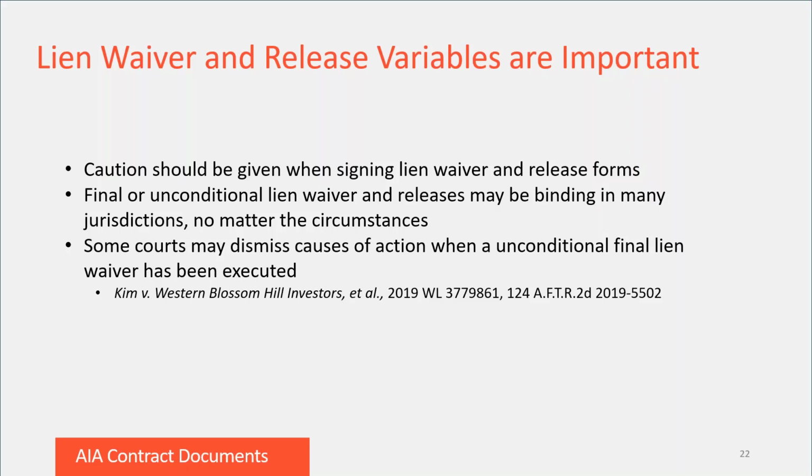The following month, in June of 2014, Big Construction signed an unconditional final lien waiver and release for the entire Vesta project. Under this lien waiver, Big acknowledged that it had been paid in full for all labor, services, materials, and equipment that it supplied to the project and property.